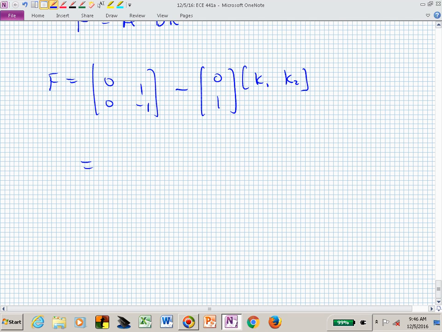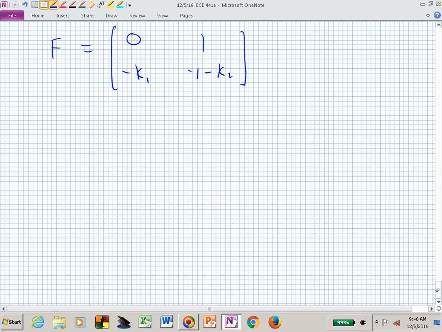If we multiply that out, we haven't changed the 1, 1 entry, we haven't changed the 1, 2 entry, but the 1 in the B is saying you're going to modify what's in the second row. Now we have minus K1, and we have minus 1 minus K sub 2. That's now our F matrix.